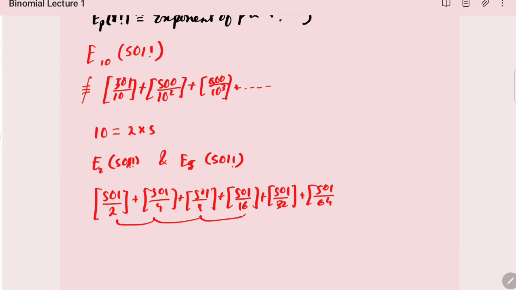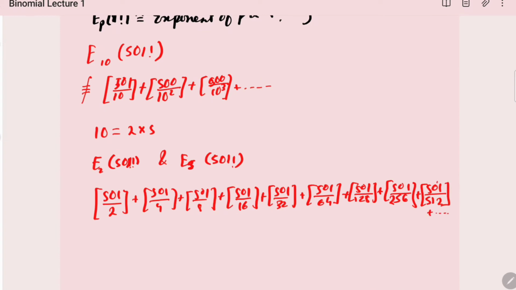These are powers of 2. I hope you can understand. 501 by 128, 501 by 256, 501 by 512, and I do not have to check further because this part itself is going to yield 0, and subsequent powers of 2 will also yield 0.